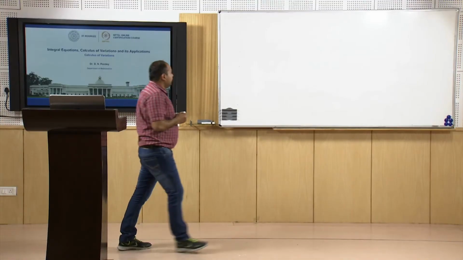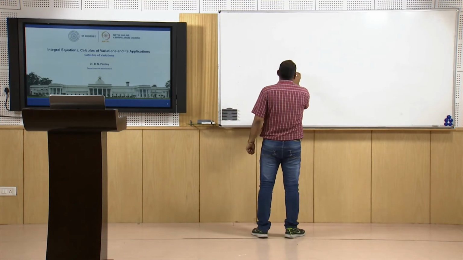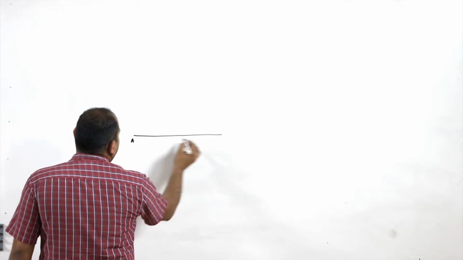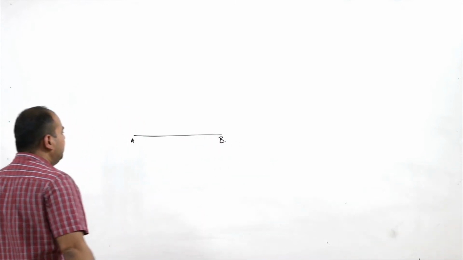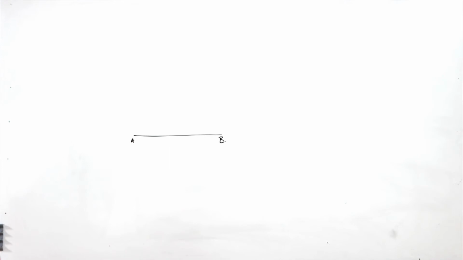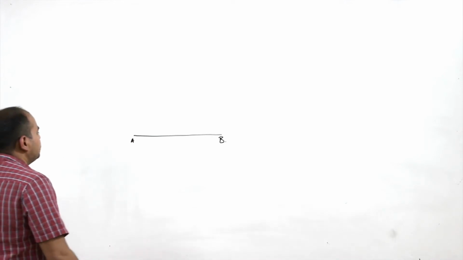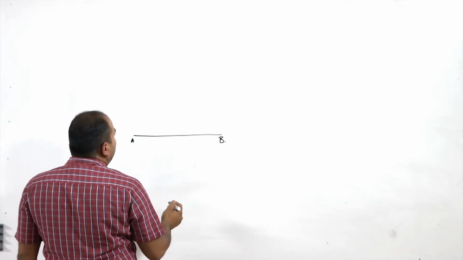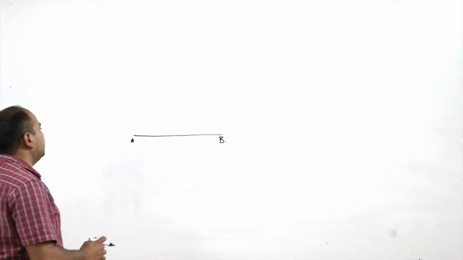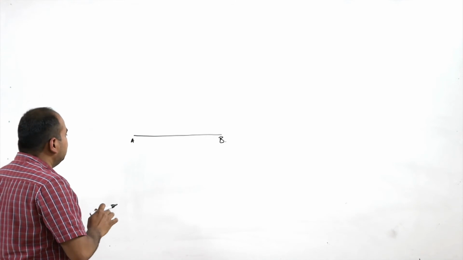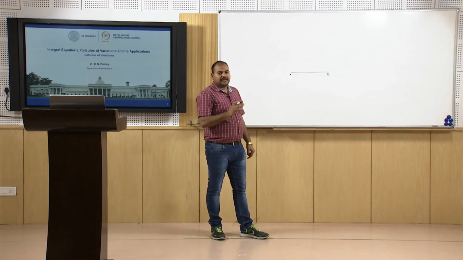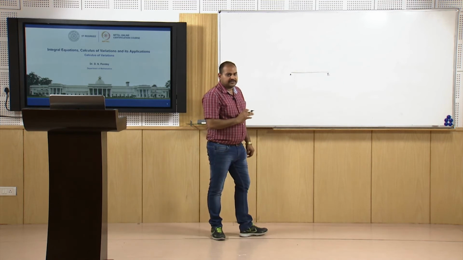If you look here, let us take the base as already given. Let us say this base is given as AB, and the perimeter is fixed, say some L. We want to find the triangle having the maximum area, and we try to show that the triangle is an isosceles triangle.